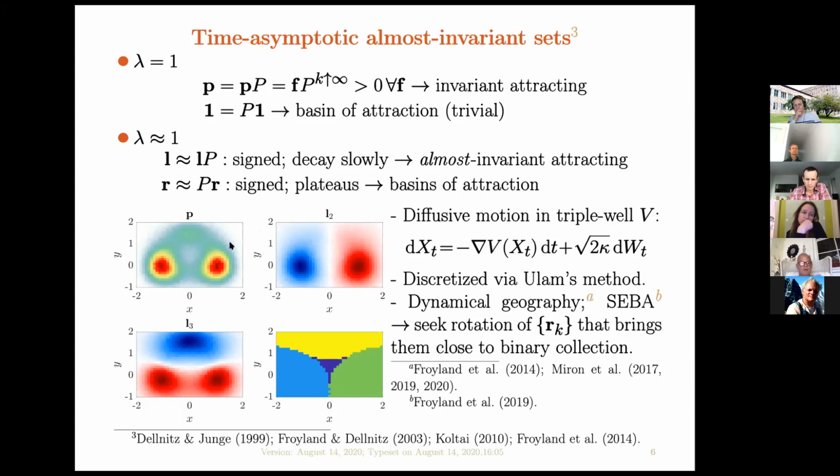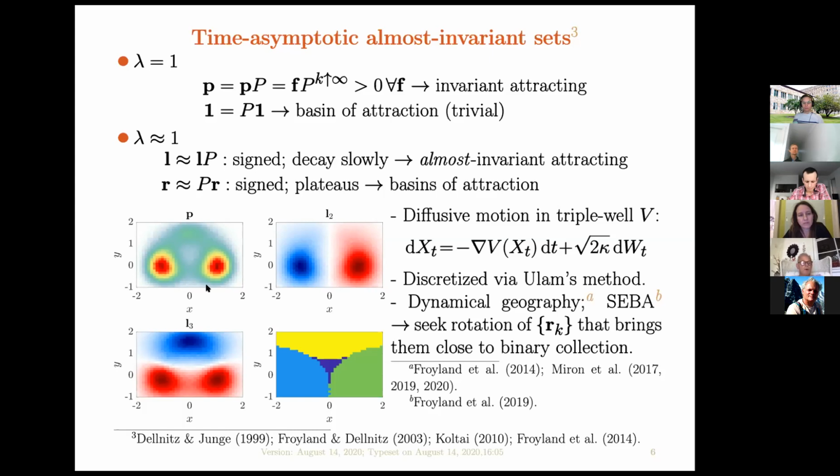You may be familiar with diffusing motion in a triple well potential, satisfying this stochastic differential equation. The stationary distribution P is something that can be computed analytically, but what I'm doing here is discretizing using Ulam's method. I'm going to talk more about this in the next slide when I'm dealing with actual data.